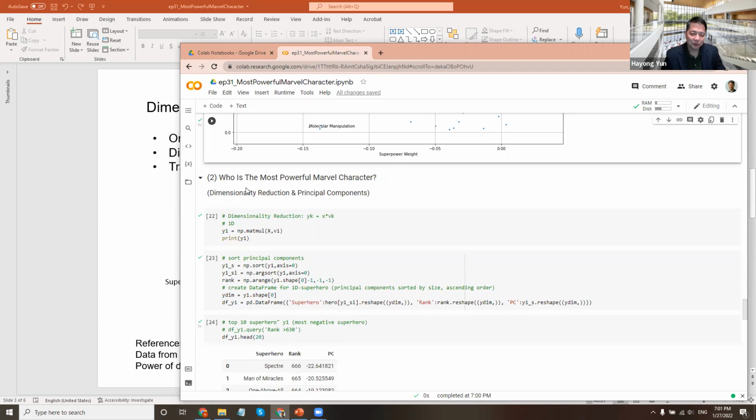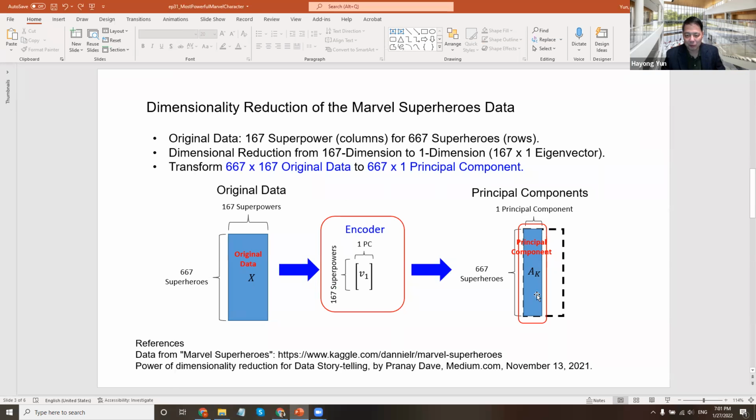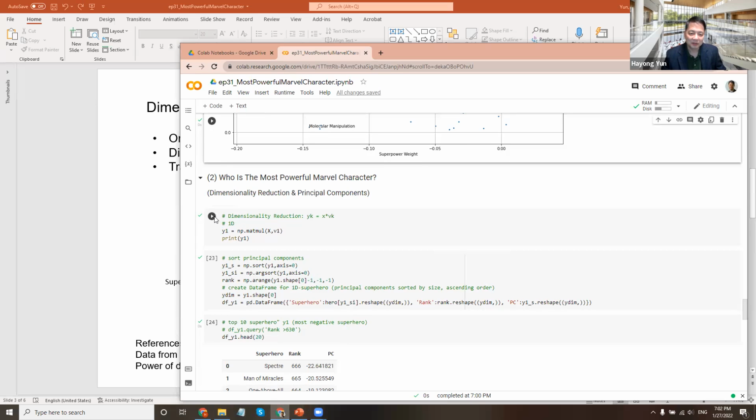And then here, who is the most powerful Marvel character? That relates to the principal component. Which one has the largest absolute value? All right, so that is the rank. There are 667 Marvel characters, and they all have a number based on this one principal component. Okay, so let's see.